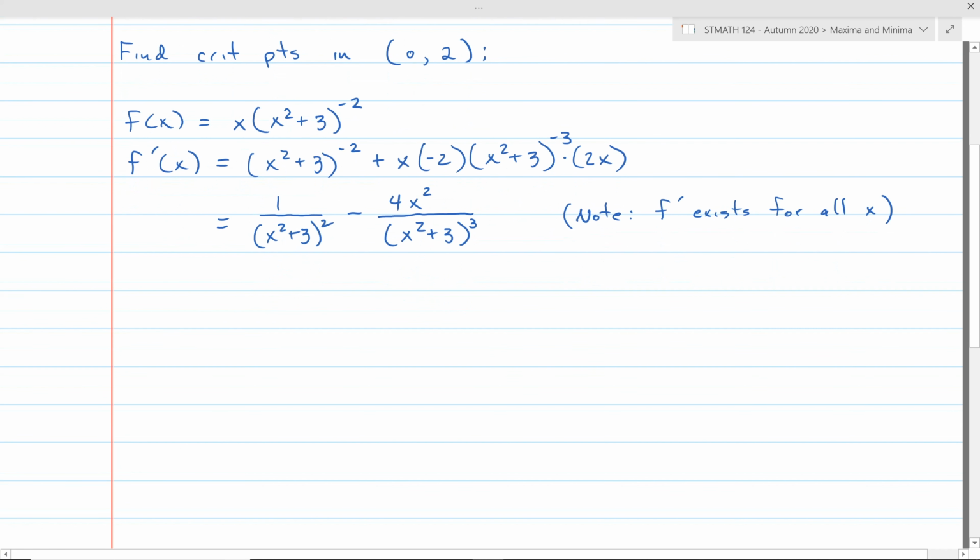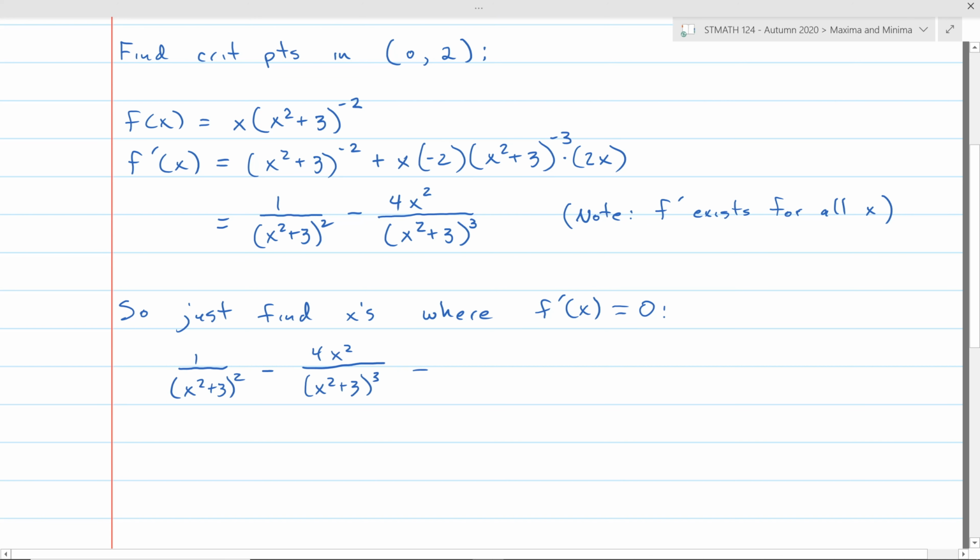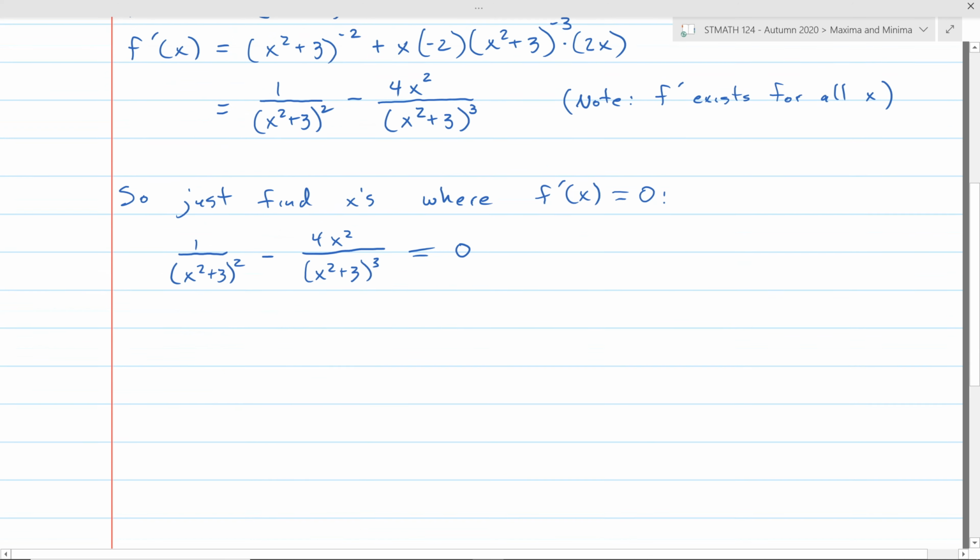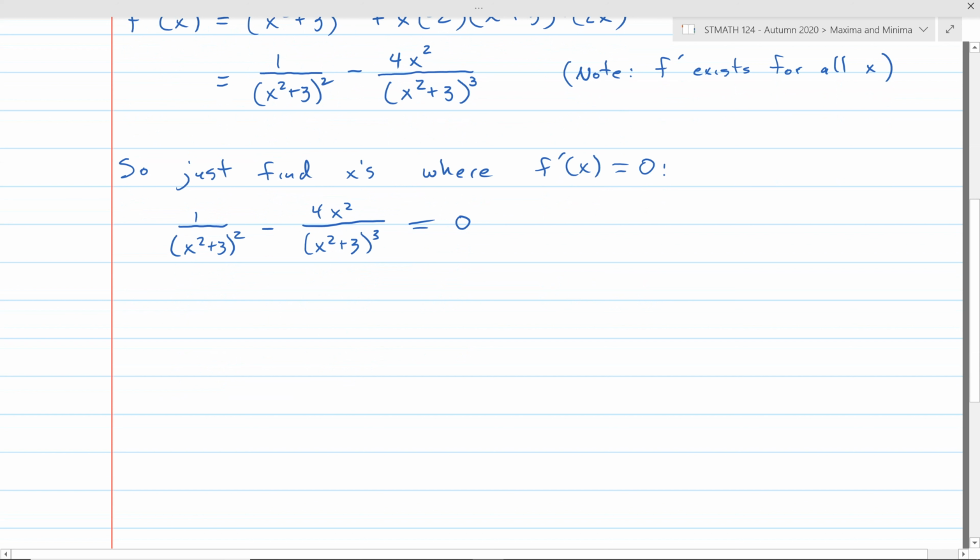So all we got to do is find the x's where f prime of x is equal to 0. And so setting that derivative equal to 0, I'm just going to multiply everything by (x squared plus 3) to the third power to clear fractions. And if I do that, I'm going to end up with x squared plus 3 minus 4x squared equals 0.